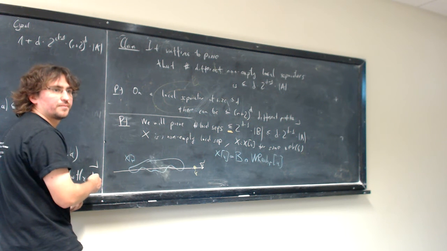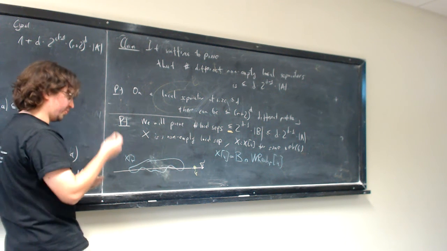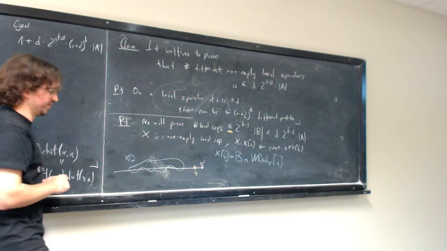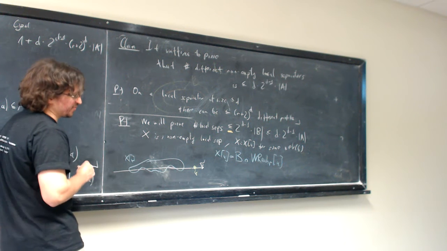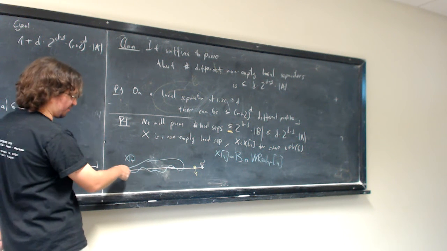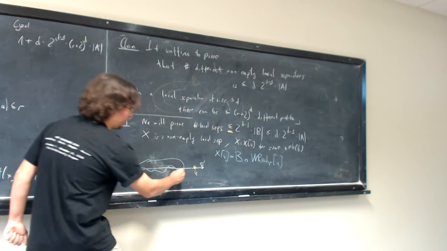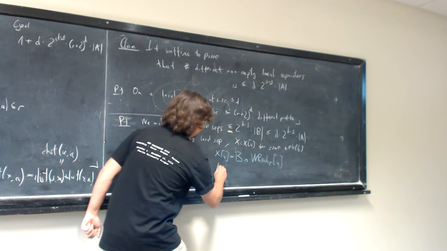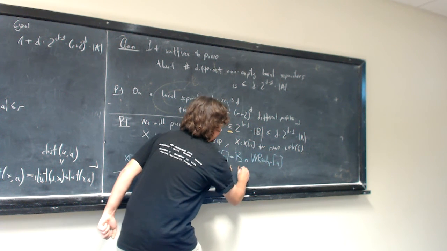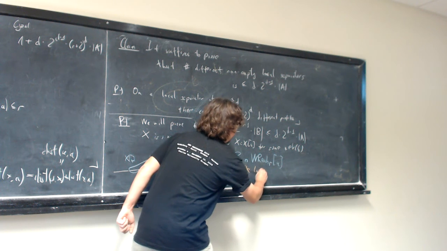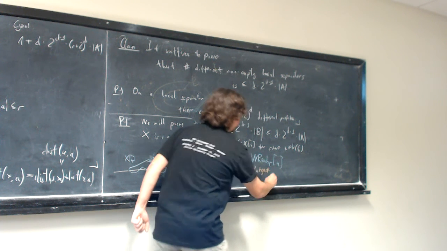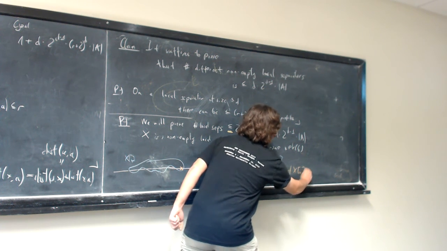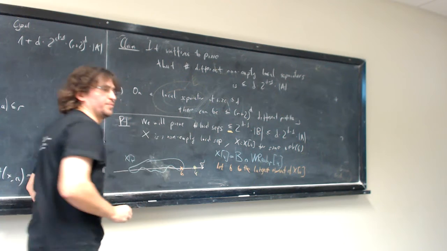Okay, so now we do something a little bit uncommon when working with generalized coloring numbers. Namely, instead of taking the smallest guy from a set, we'll look at the largest guy from the set. So let B be the largest element of X of u. Here is my vertex B.